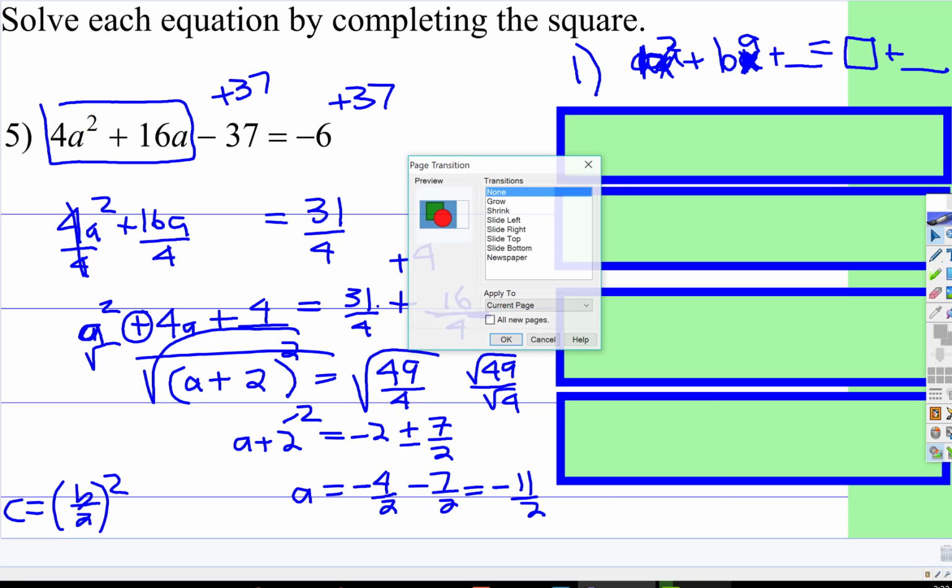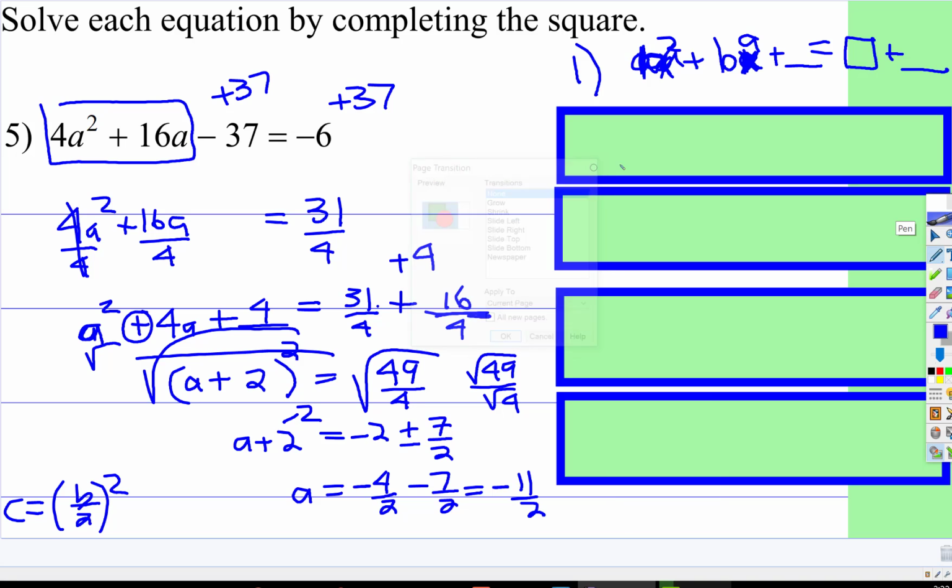A is equal to that negative 4 halves plus 7 halves. Negative 4 plus 7 is positive 3 halves. So when you do the solution set brackets, negative 11 is smaller than positive 3, so you put negative 11 halves over 3 halves. Just like this.